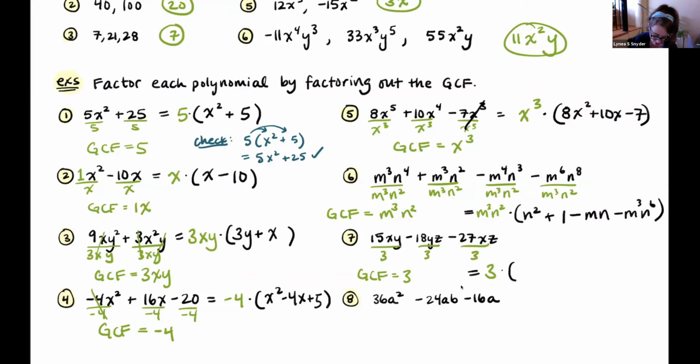All right, 15xy divided by 3 will give us 5xy. We'll have minus 18 divided by 3 is 6yz. And then 27 divided by 3 is 9, so we'll have minus 9xz. And that is it. Sometimes the greatest common factor is just a number, and that's okay.